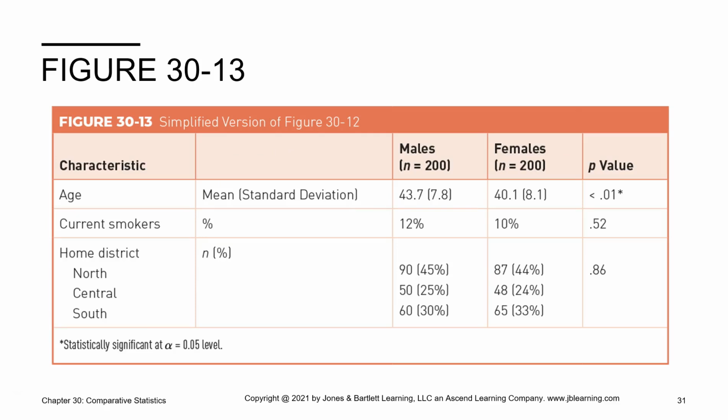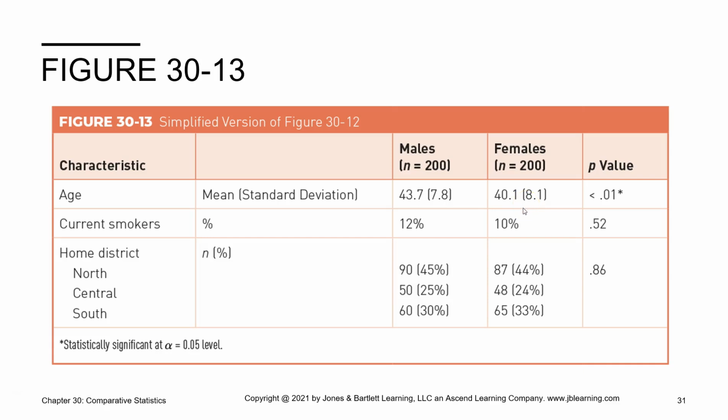Then figure 30.13 has a more simplified version of the previous figure, and it just goes over, say, age, if that's your characteristic. If it's measured continuously, your mean and standard deviation are presented here as 43.7 among males with a standard deviation of 7.8, and 40.1 among females with a standard deviation of 8.1.